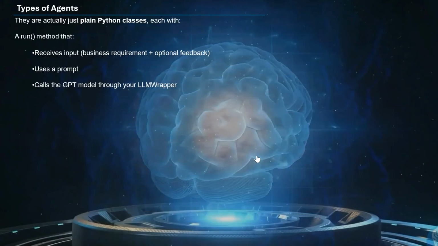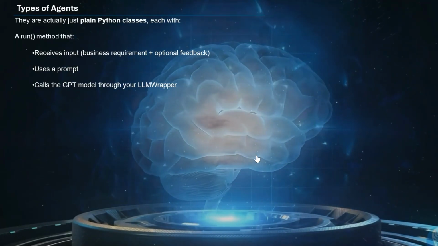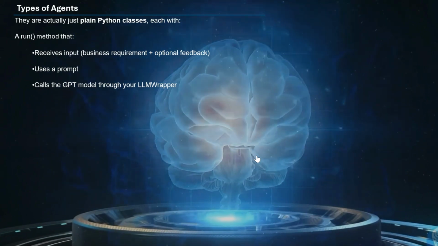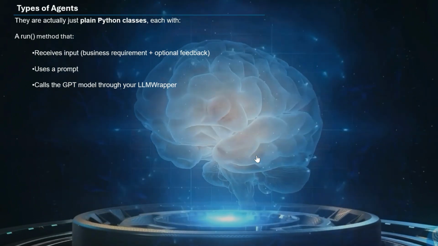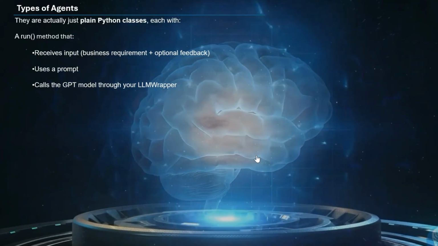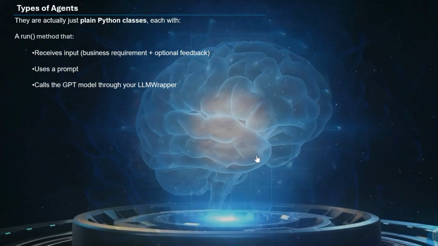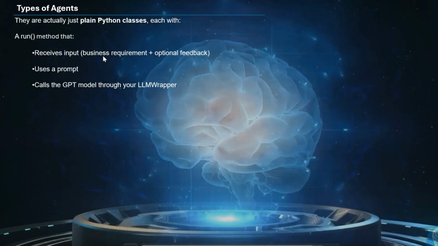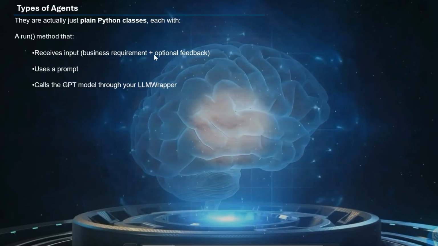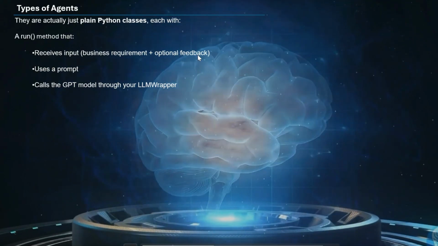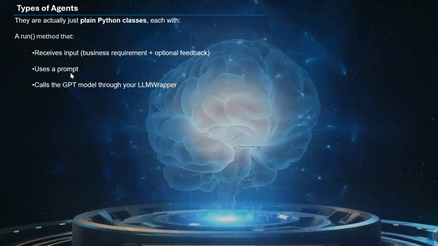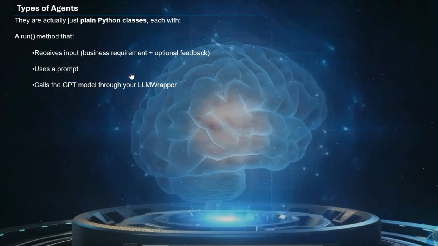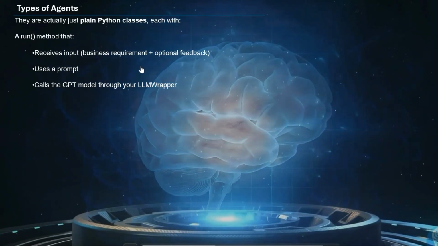So I'll move on to the next slide, which talks about what kind of agents or framework I'm using here. I'm particularly not using any kind of agent framework here, like CrewAI or N8N or AutoGen or Langchain, anything like that. I'm just using plain simple Python classes with a run method which receives the input business requirement plus optional feedback from the quality agent, and then it uses the prompt with the business requirement to call the GPT model through the LLM wrapper file that I discussed a little bit earlier, and then it generates the output.